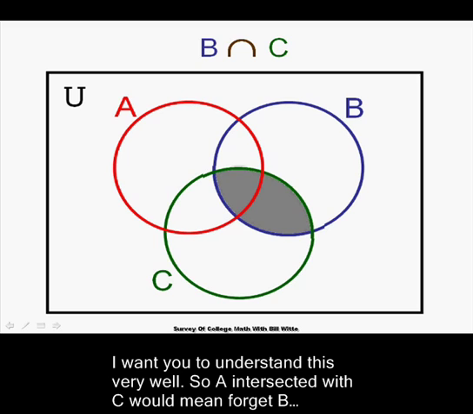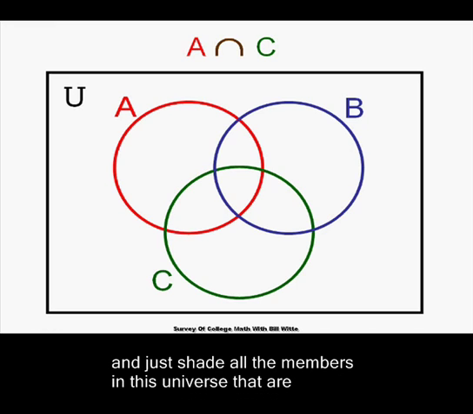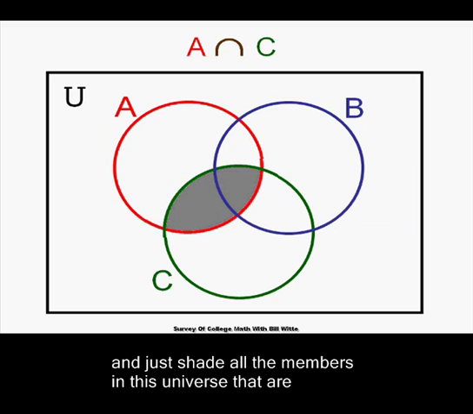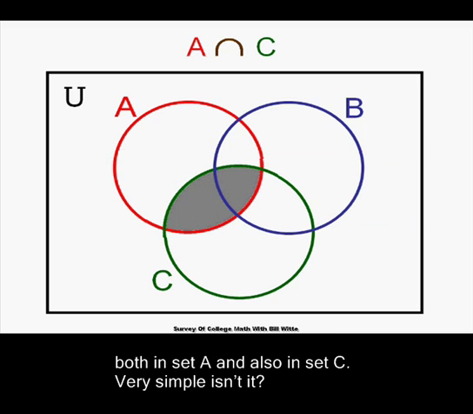Stay with me now. We're going to get complicated pretty soon, but I want you to understand this very well. So A intersected with C would mean forget B, and just give me all the members in this universe that are both in A and in C. Very simple, isn't it? That's the intersection of A and C.